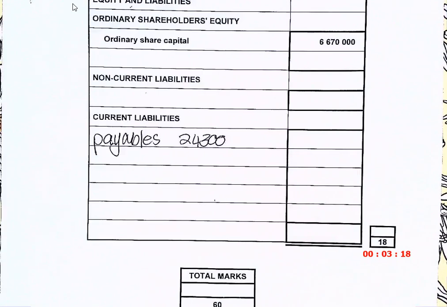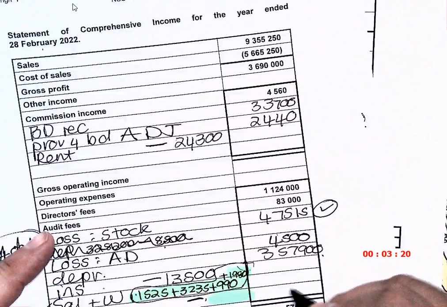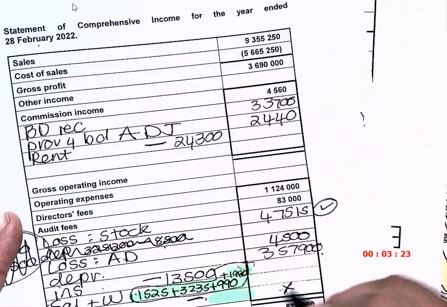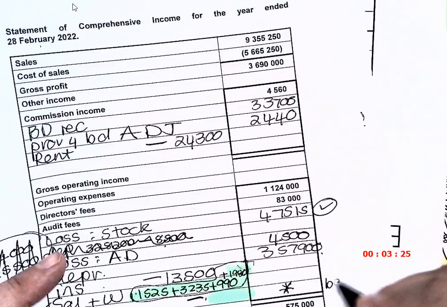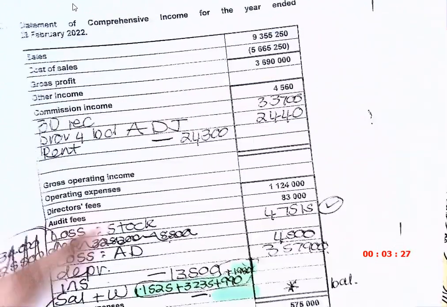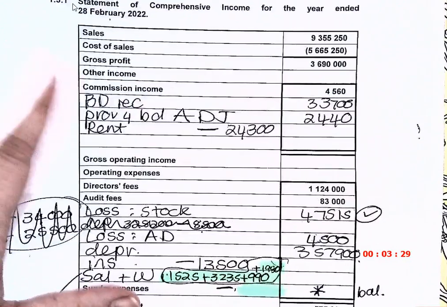I see sundry expenses is a question mark, meaning sundry expenses in the end is going to be a balancing amount. So let's finish the income statement.